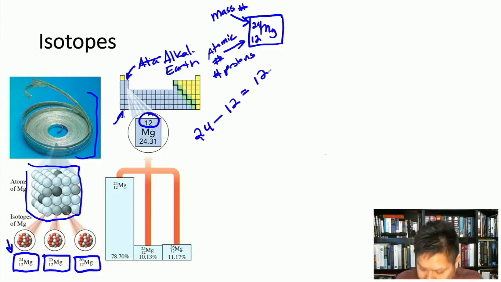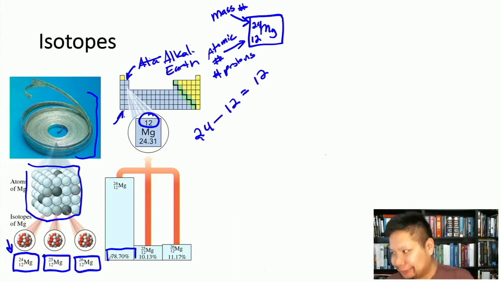You can see down here that of the 100% of all magnesium atoms, 78.7% of it is magnesium 24. All right. So let's look at the second one.